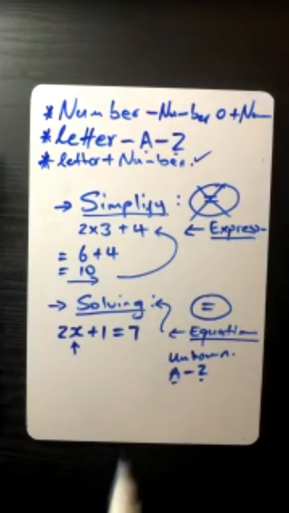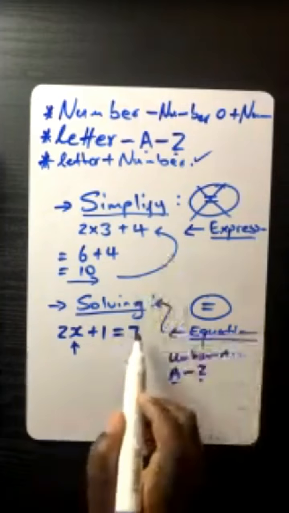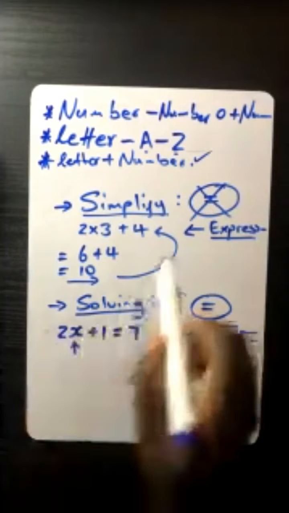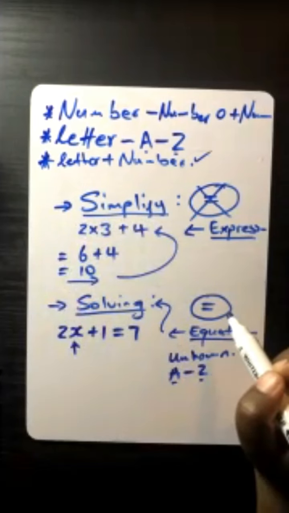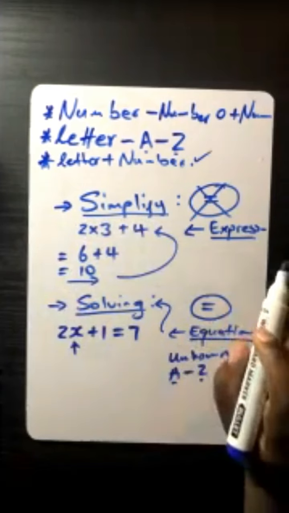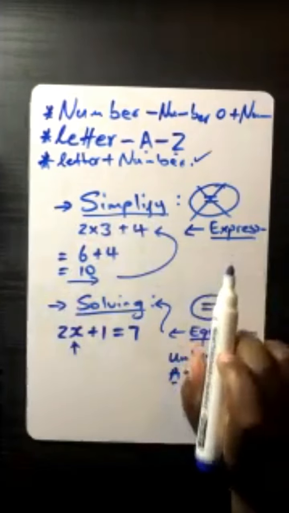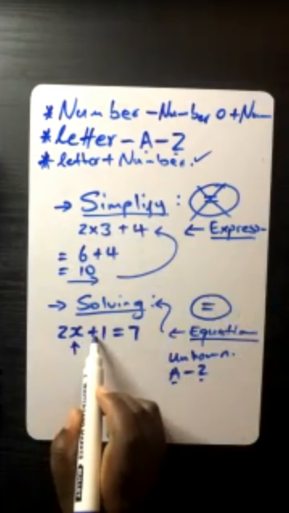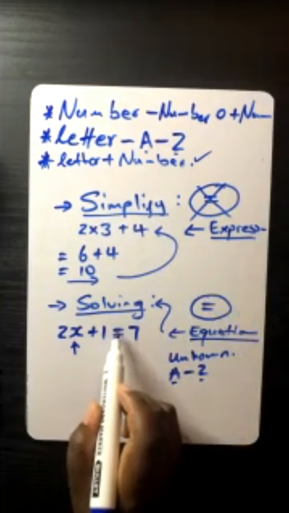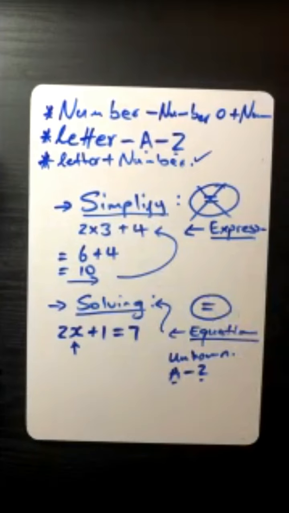So Shreyas, before I solve that unknown, just like I did simplification with that expression, I want to ask you something. What number, when multiplied by 2 plus 1, will be equal to 7? Shreyas?